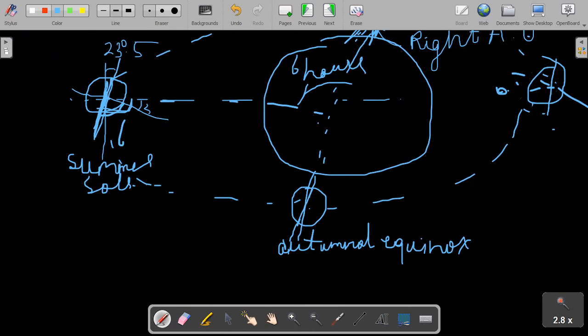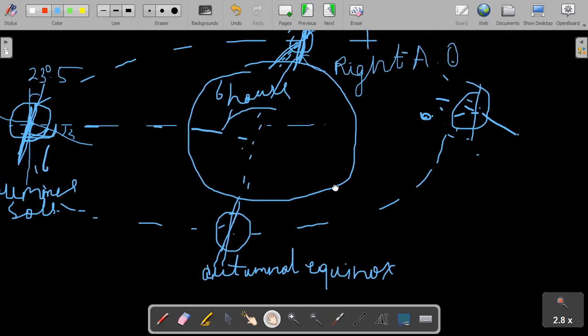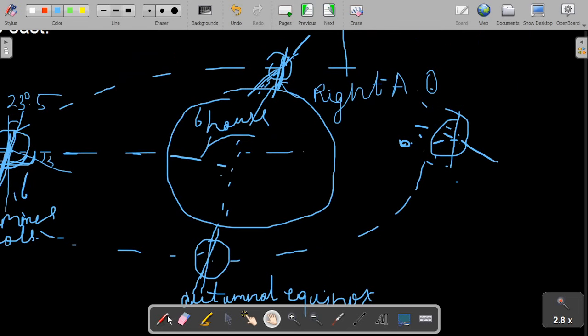Now come to the point of the autumnal equinox. Another 3 months have passed, and again the declination of the sun is 0 now, and the right ascension is 12 hours, around 180 degrees, then again 270 degrees more.